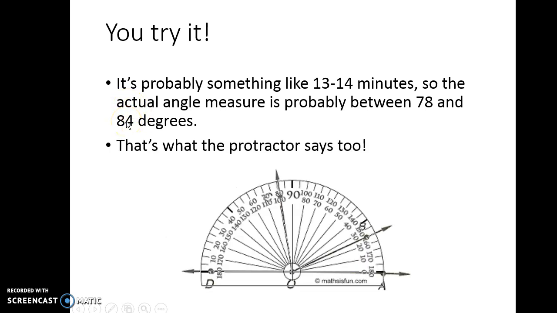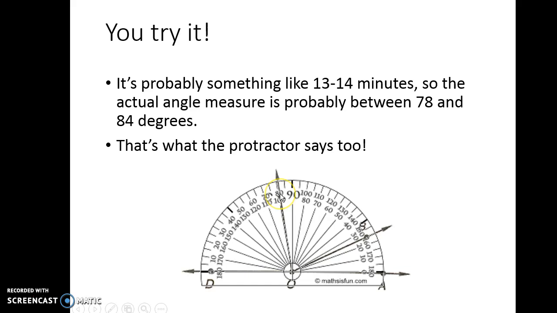Let's get a protractor and actually measure it. So if we line it up, this time I'm using the other side of the protractor just because that's what's easiest to line up here. Then it looks like ray OC goes right about here.